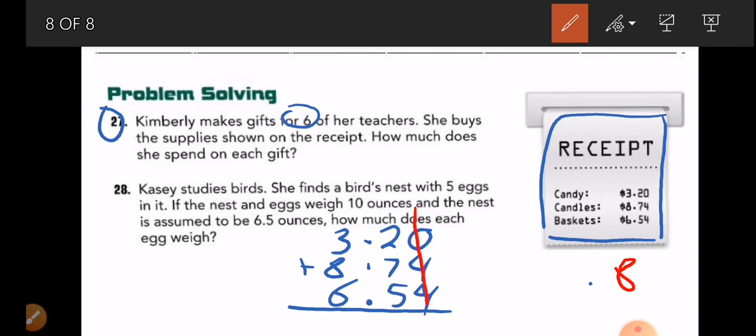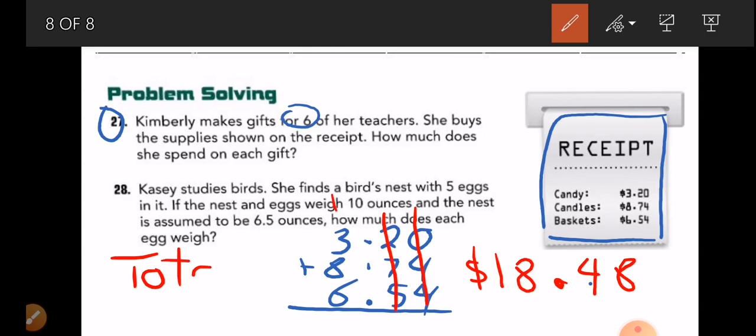Then 2 and 7, 9, 9 and 5, 14. 4, carry up 1. Then my decimal, 1 and 3, 4, 4 and 8 will give me 12, 12 and 6 will give me 18. So 18.48, this is what? The total cost.